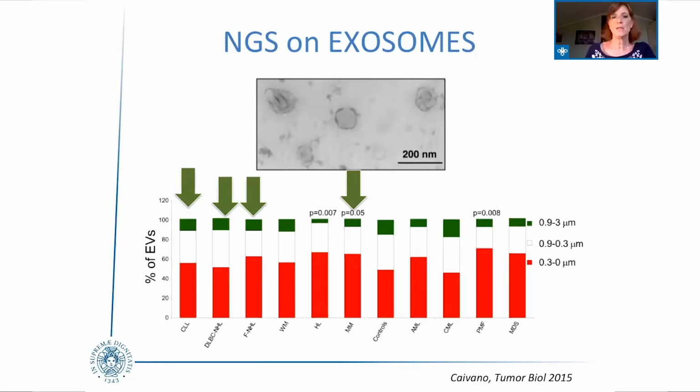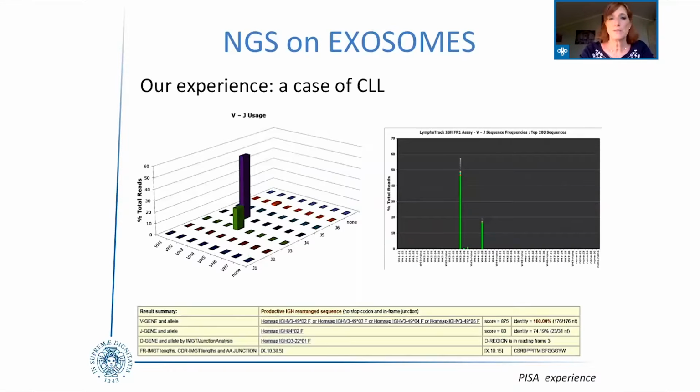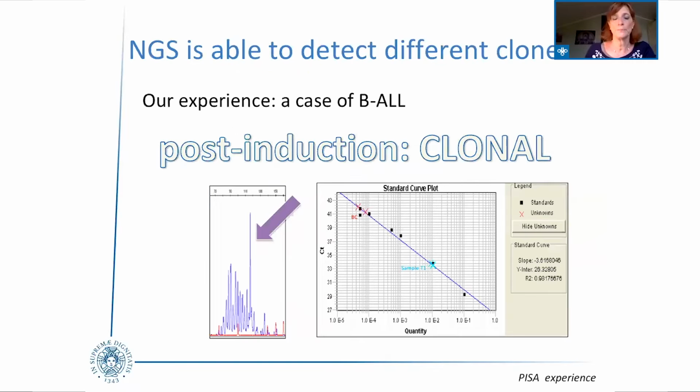And you can see here that the assessment of MRD on exosomes is really possible. This is our experience in a case of CLL. By LymphoTrack, we found 2 different clones that were the same that we observed in bone marrow.